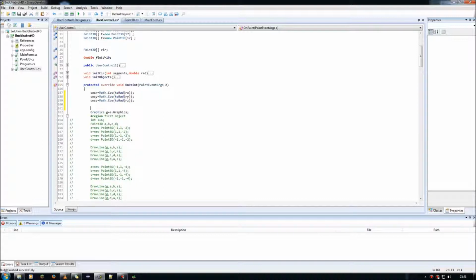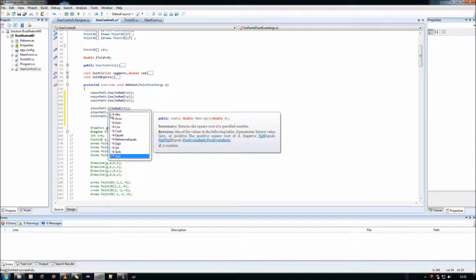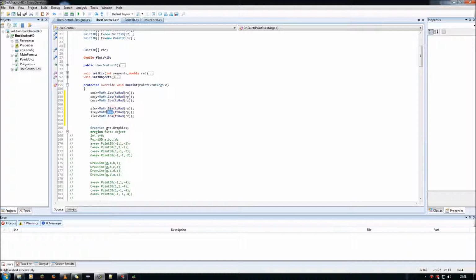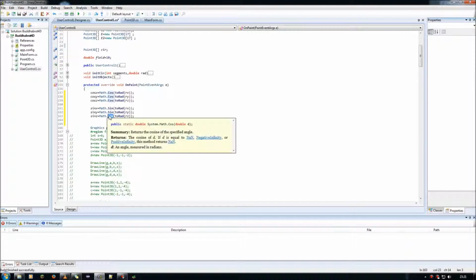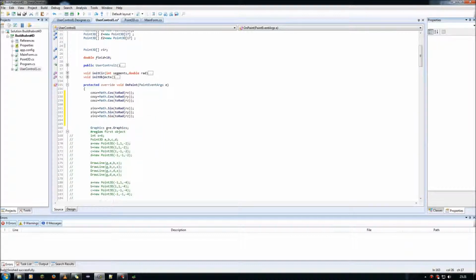And then we want the sine. There we go, that should do it.